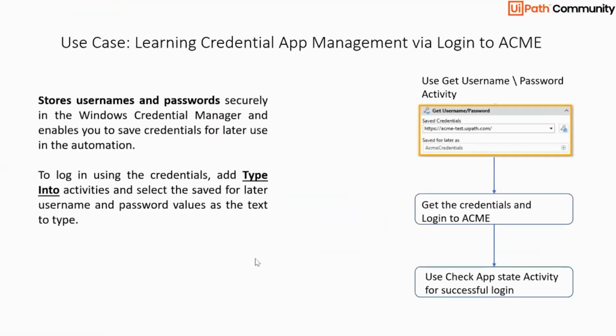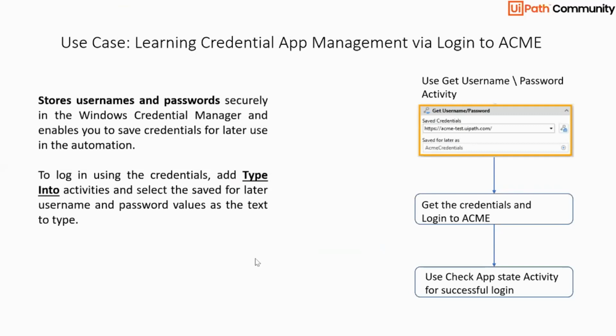So now we have seen how to interact with any interface applications. The next thing is we will also come across a scenario where we have to log in to an application, right? Where the user has to provide the username and password. In an attended automation, it gives flexibility for a user to provide the username and password as well.